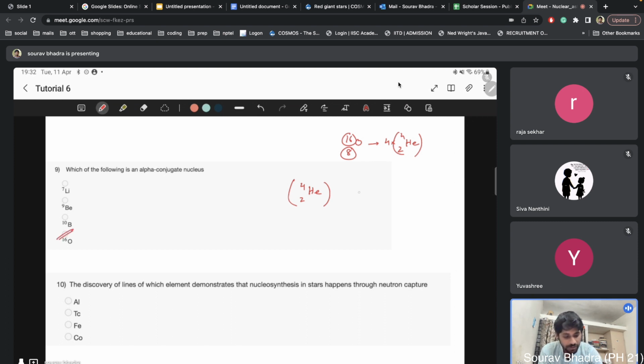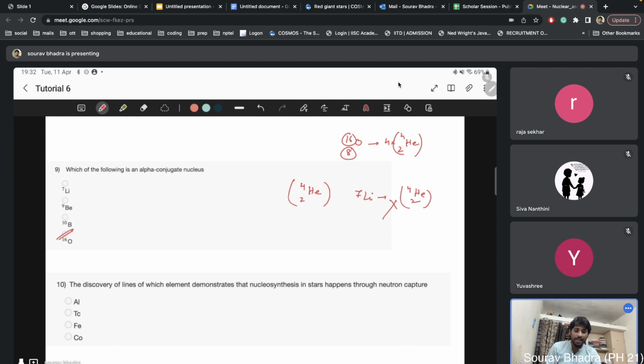Now suppose you take 7Li. You cannot express it as, it should be an integer value, not a fraction. So you cannot make 7 by multiplying 4 by any integer value. That's why it is not possible. So 7Li is not an alpha conjugate element.